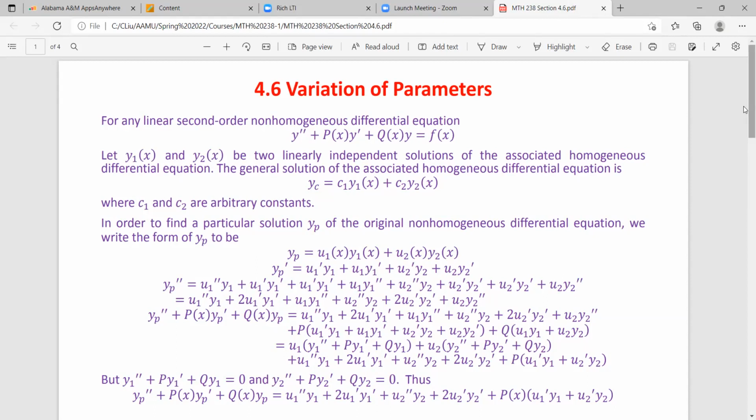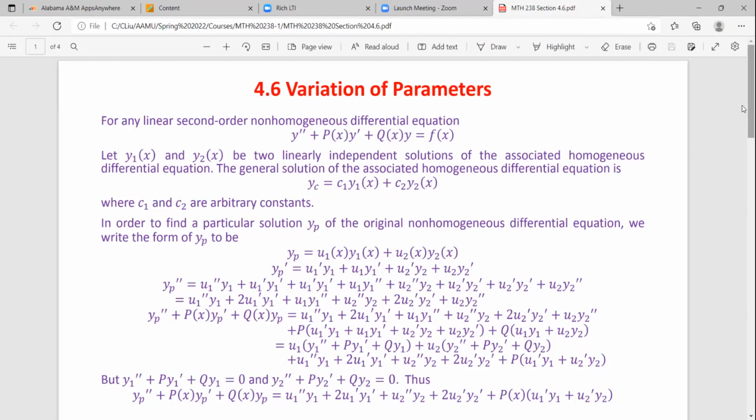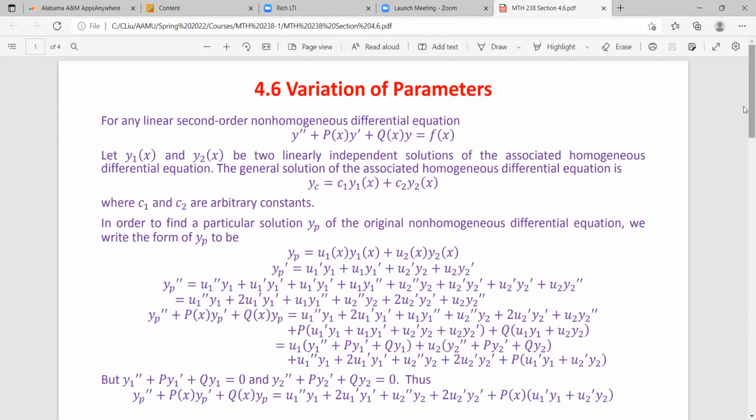And then we get u2 double prime y2 plus u2 prime y2 prime from the third term of yp prime. And then we get u2 prime y2 prime plus u2 y2 double prime from the fourth term of yp prime.